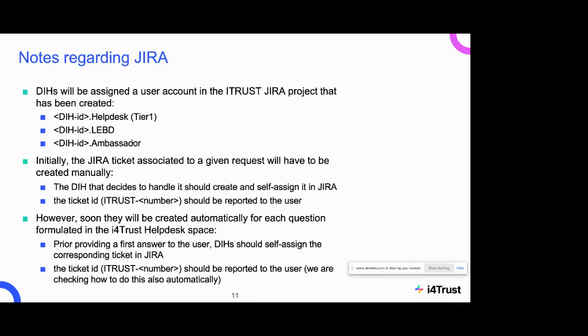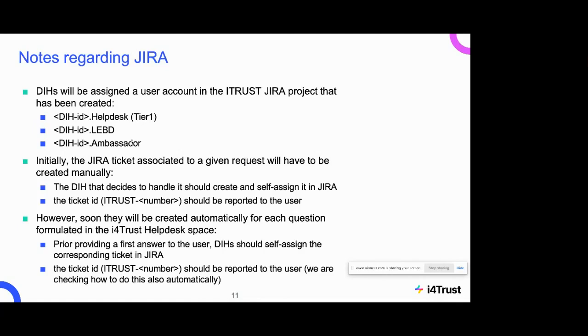Unfortunately, we have not yet automated the creation of Jira tickets associated to a given request. So what we are going to ask you is that whenever a question is formulated in the i4Trust space, you do essentially this process.